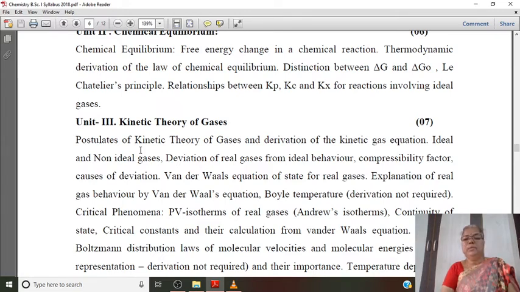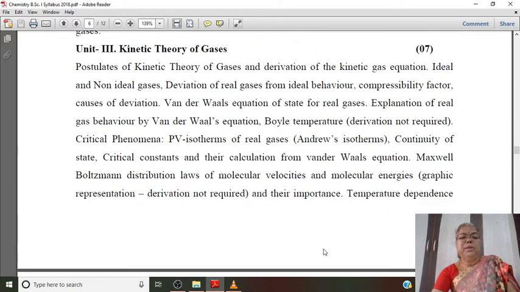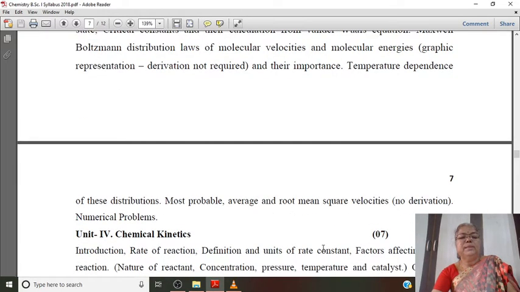Then the next point deals with the Maxwell-Boltzmann distribution law of molecular velocities and molecular energies, and their importance, the temperature dependence of these distributions, then the most probable, average and root mean square velocities, etc.